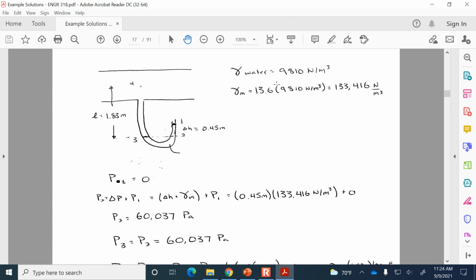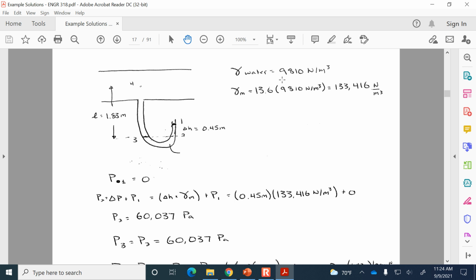This is the one. All right, so P2 is P1 plus the change in pressure between 1 and 2. So that is 0 plus the delta H, which is 45 centimeters, so 0.45 meters, and then I have to use the unit weight of the fluid that I'm going through.